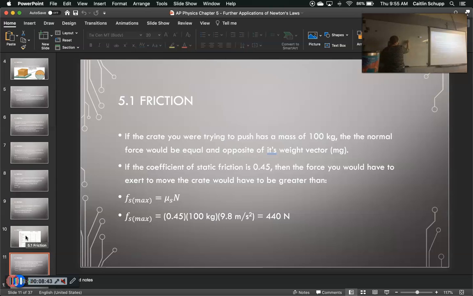This is 100 kilograms. When we draw our free body diagram, we know the weight of this object would be equal to mass times gravity. We know the normal would point perpendicular to the weight force. So the weight and the normal on a horizontal surface should be equal to each other, especially if the object is not moving in the y direction.